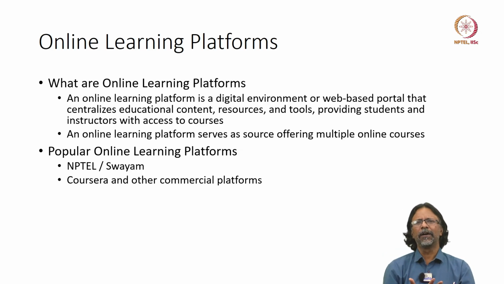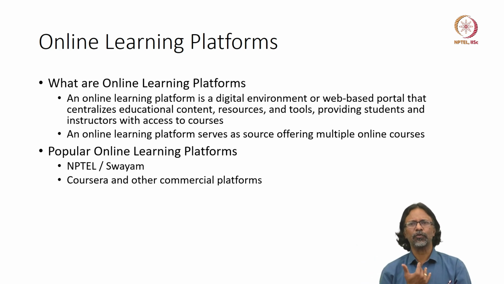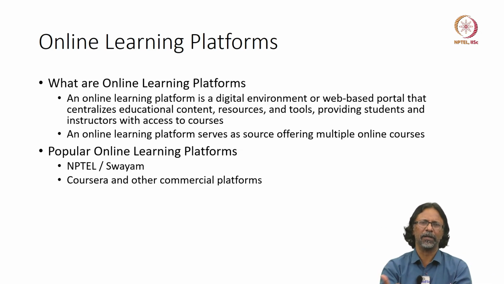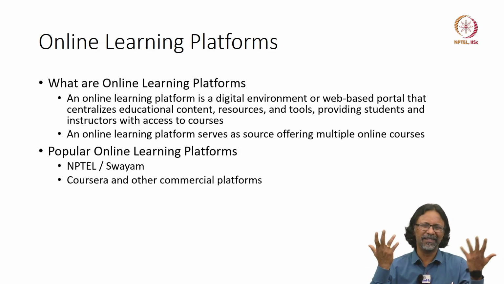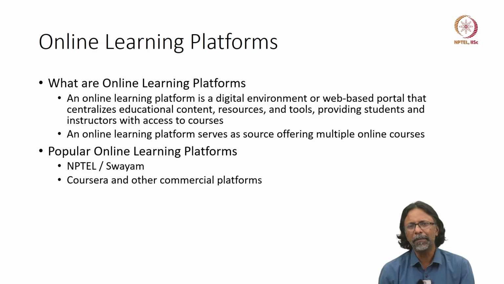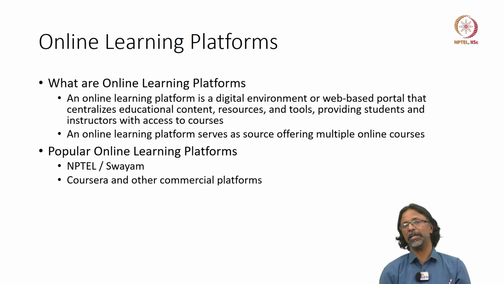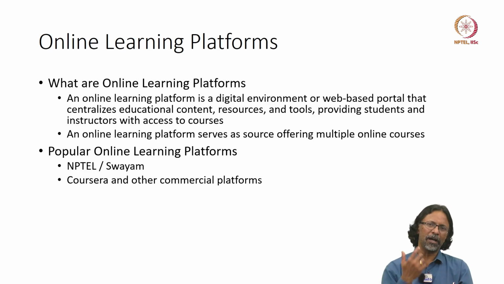For example, if it is an international course offered by a university in the United States, they may say that you may have to pay, say, $20 to get that particular certification. It may vary, but the point is, it is commercial in nature, right? So they do charge.